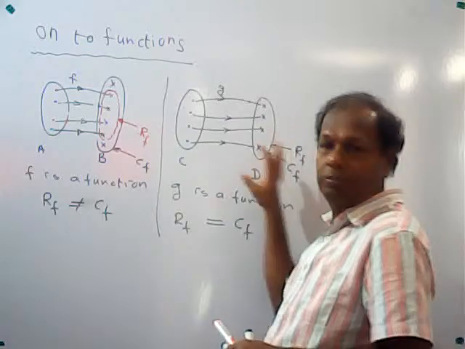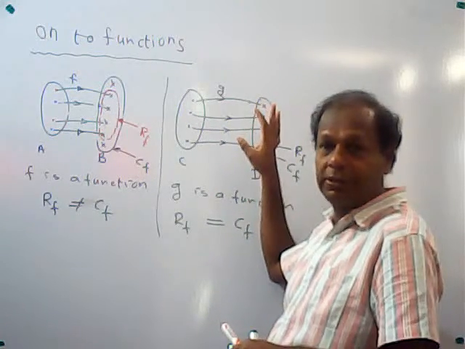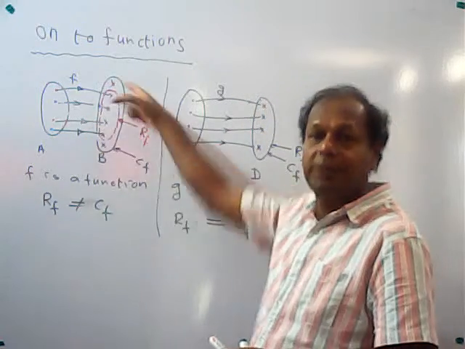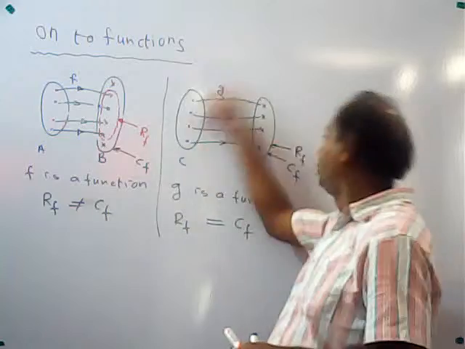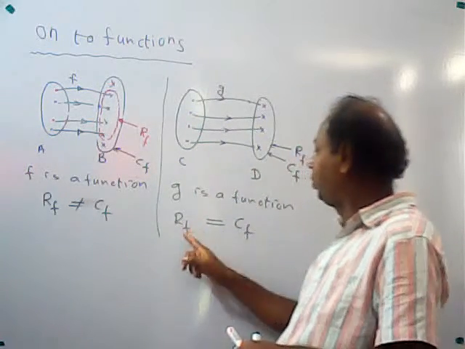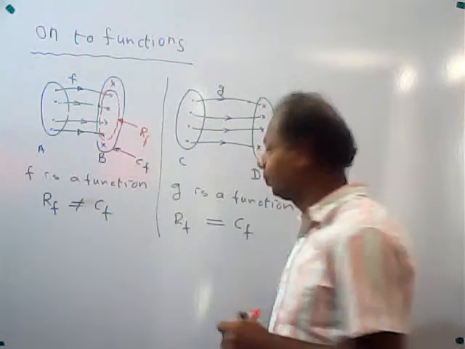කඩාගෙන වැටෙනවා සම්පූර්ණ codomain එකට. That's why we say onto. The function comes onto, not into. Here, the function comes into the codomain. Here, the function comes onto the codomain. So we say this function is onto. If the codomain and range are the same, we say the function is onto.